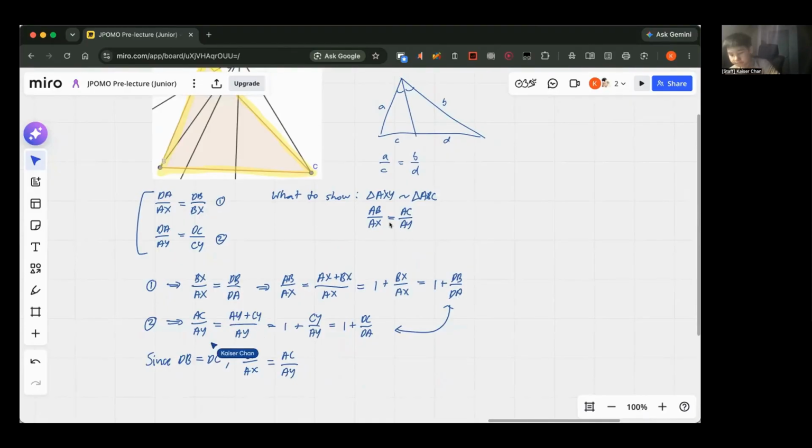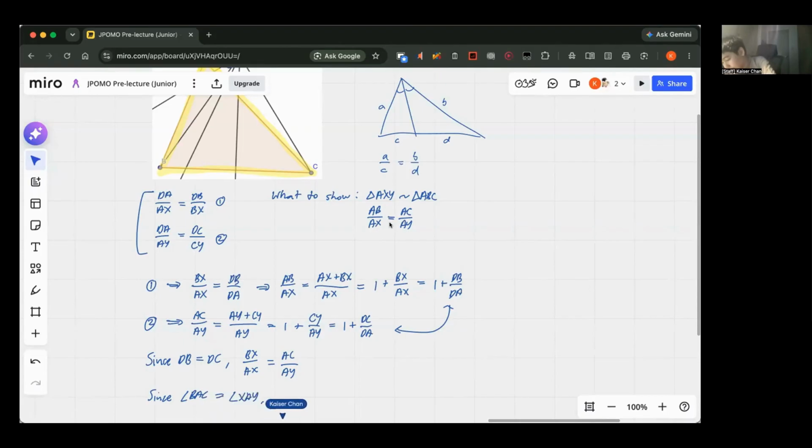Then we just want to show the similarity. So we're going after SAS here. So we also want to show the angle, since angle BAC equals angle XAY.